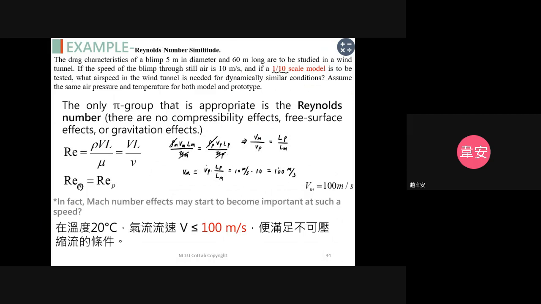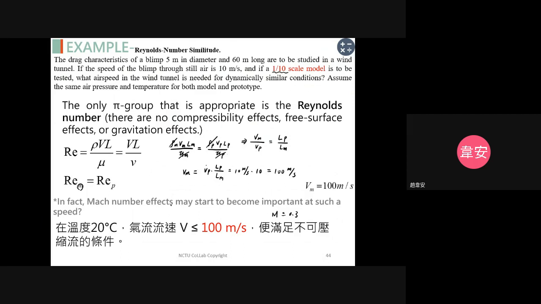So that will be a problem, because for normal conditions, if the airspeed is less than 100 meters per second, then we don't need to consider the Mach number. That's because the Mach number will be smaller than the 0.3 threshold. But in this exercise, our airspeed is around 100, so that's quite close to the threshold for the airspeed.